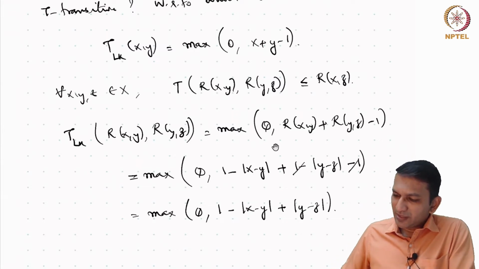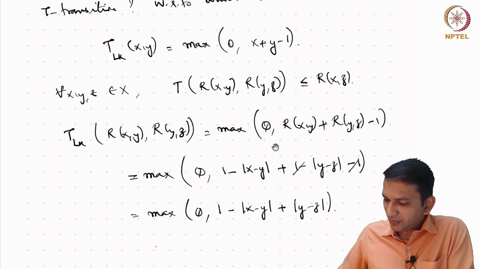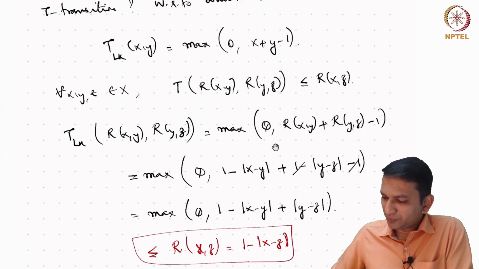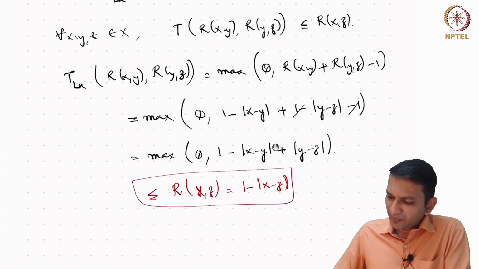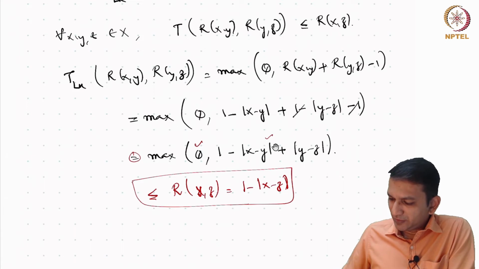Now our task is to show that this is actually less than or equal to r of x comma z, which is 1 minus mod x minus z. So this is what we need to show. Now look at this. From here, we know that either it is 0 or this. If it is 0, I will call this LHS.